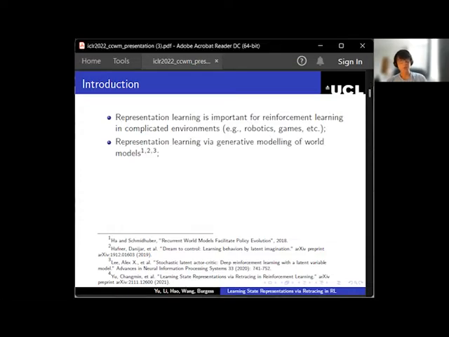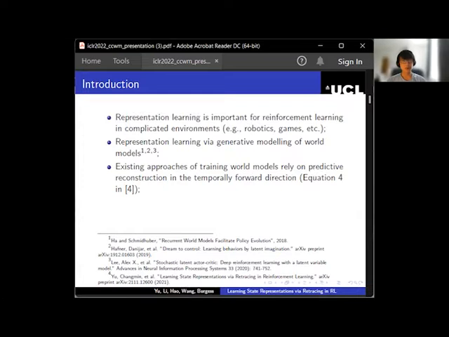One popular approach of representation learning in RL is to use generative models for modeling the transition dynamics of the state space, or at least on the latent space level, hence learning a so-called world model. Because it's usually a latent space model, like a sequential VAE, it naturally provides a latent representation.